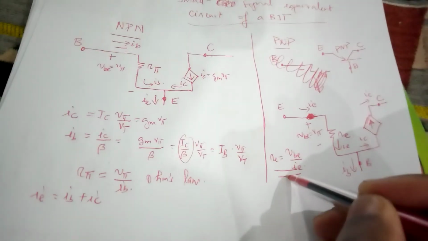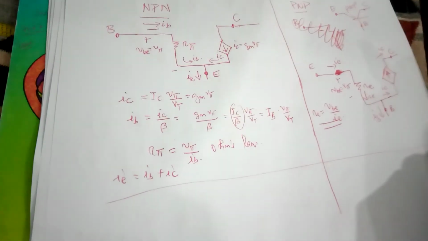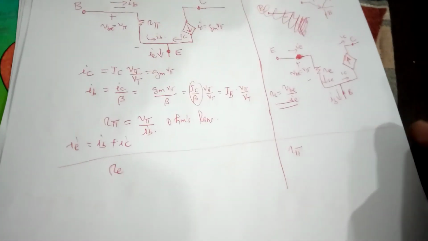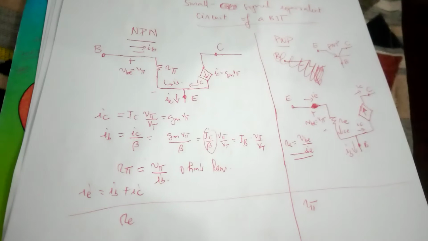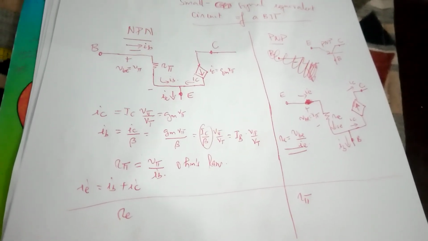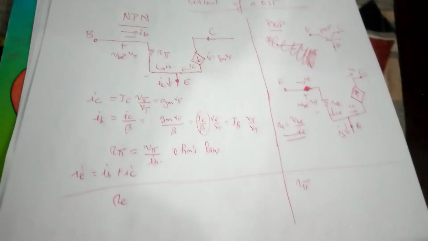And we've established two very important internal resistances here, Re and Rpi. So it doesn't mean that there is no Re here, and there's no Rpi here. There's still an Re in an NPN, because it simply means that will be the internal resistance of an NPN transistor as measured from the emitter.